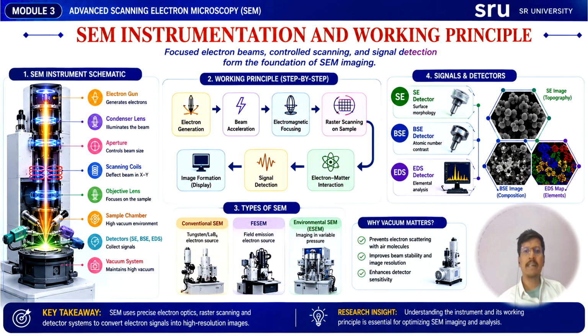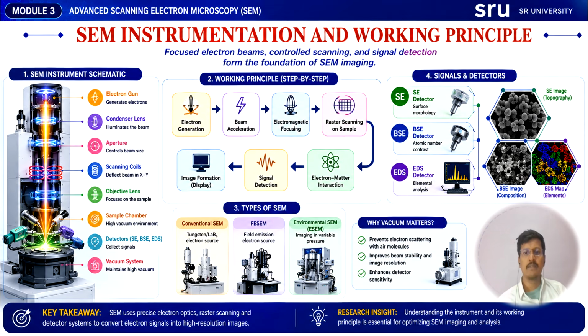Now, let us understand the working process step by step. You can see here, the first process is the generation of electrons from the electron gun. Second, the beam is accelerated to high energies.